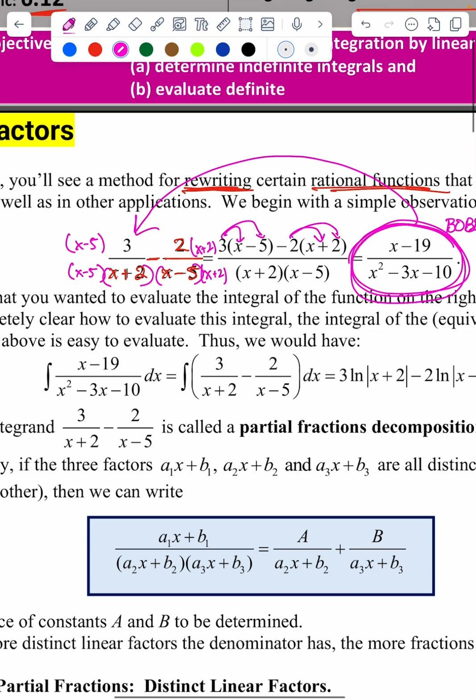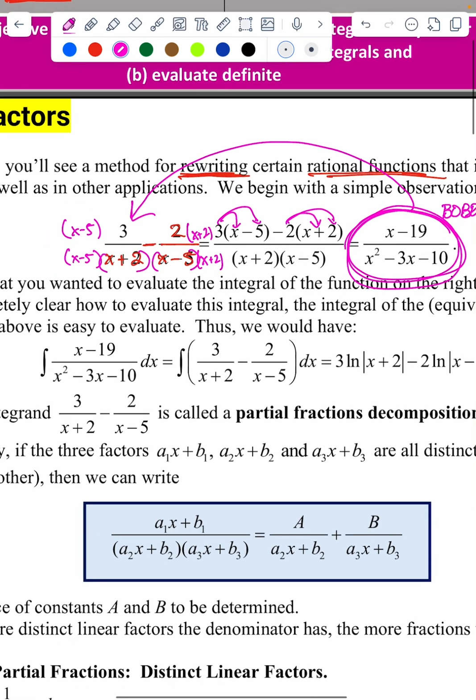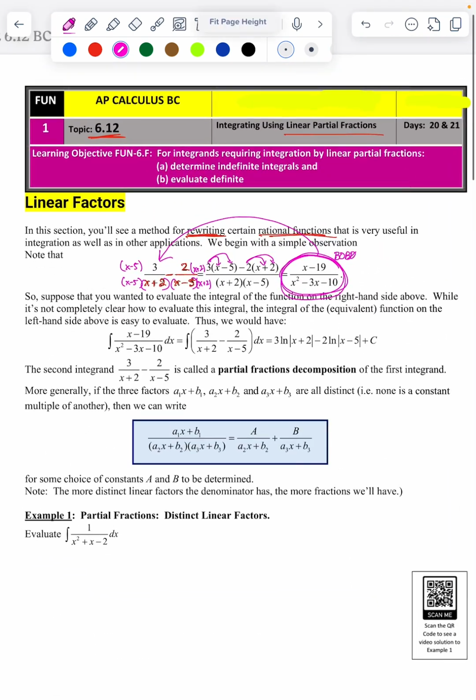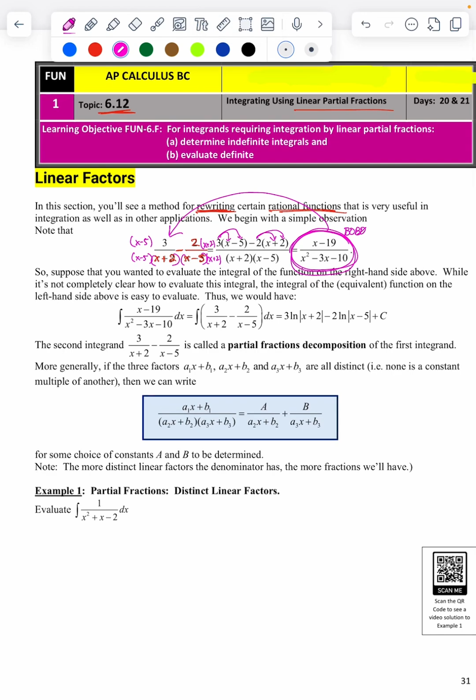Instead of combining, getting a common denominator, we're going to break it back down. That's basically what we're doing. We have a rational function that looks like this, and we are going to break it down into its individual parts before it was together.